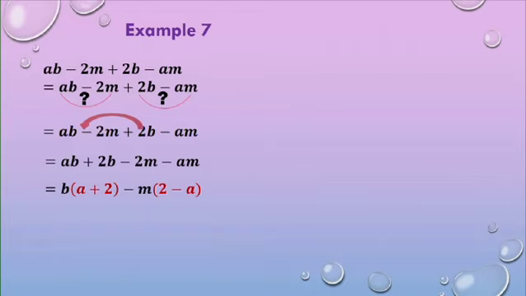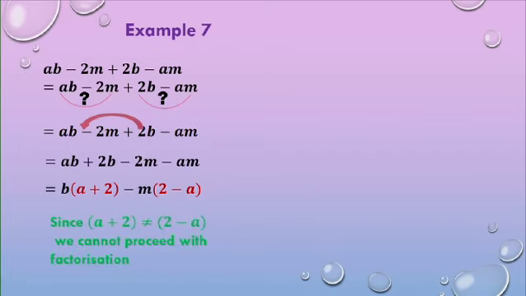That is, we do not have a common compound factor. So we cannot proceed in factorizing this algebraic expression. Okay, so we are going now to interchange the position of two terms other than minus 2m and plus 2b.